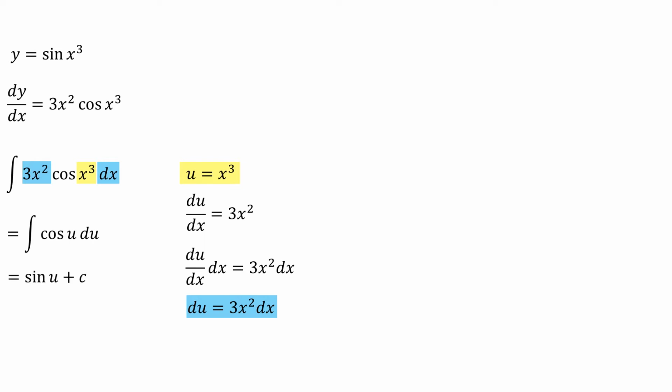Now, because it's an indefinite integral, I have to remember the plus c. So if I integrate cosine of u, I get sine of u plus c. Now I have to back substitute. U was my universal variable that replaced x to the third power. So let's put x to the third power back in there. I've got sine of x to the third power plus a constant. There's my function.